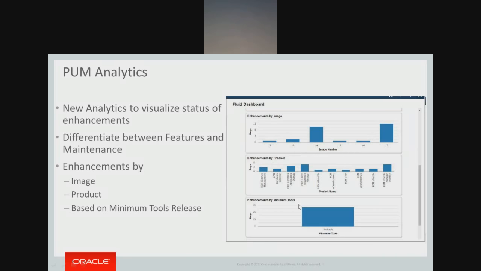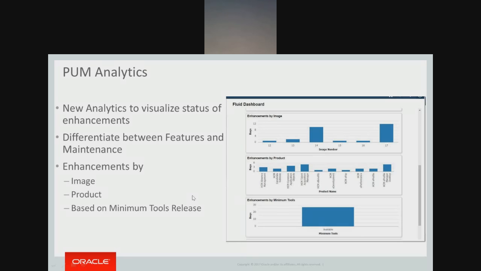But it's my understanding that that's going to be changing in the future. You're going to separate enhancements versus bugs a little more. You're trying to show what truly the enhancements are. These are really changes, right? These are the changes. So this is showing you by image how many pieces. I think this dashboard might be what's been implemented. Here it is by product, what's available as far as the different bugs and enhancements.